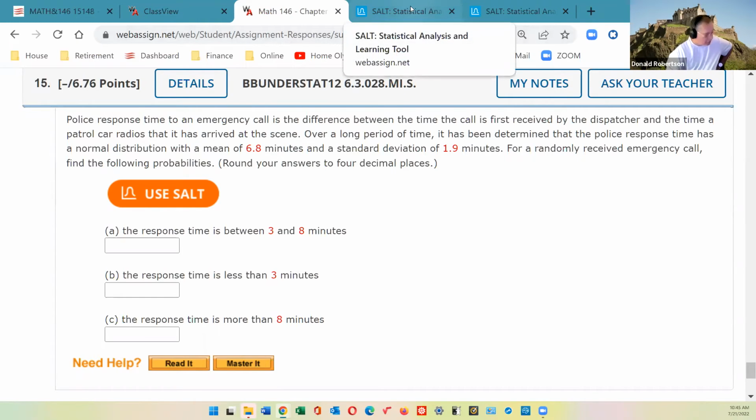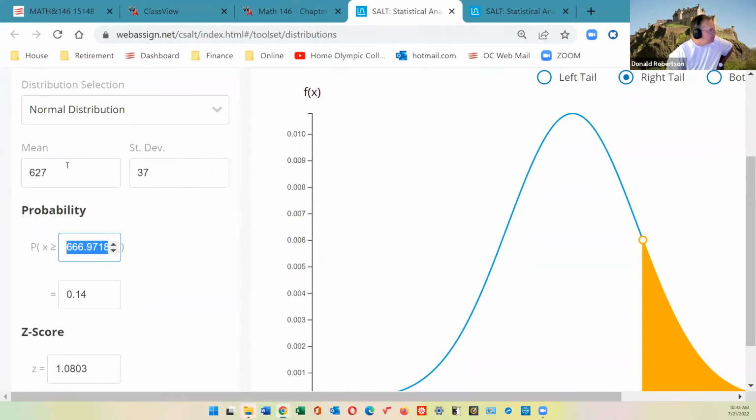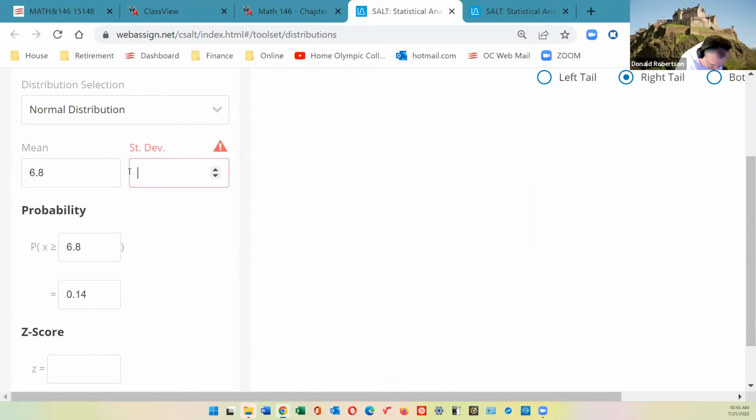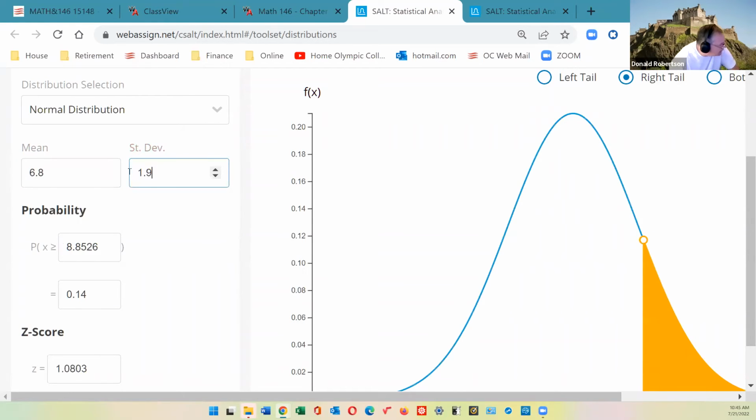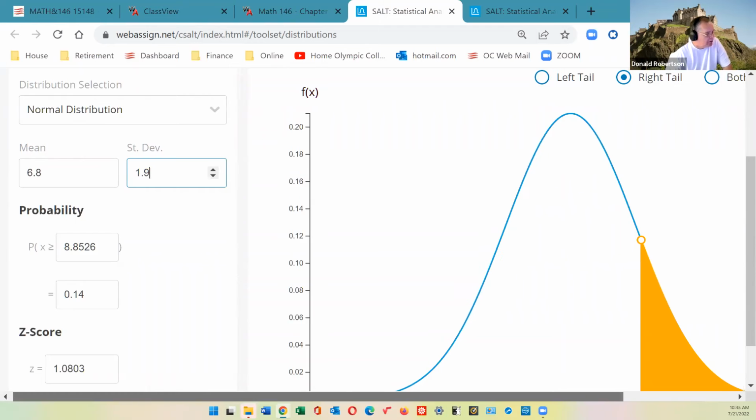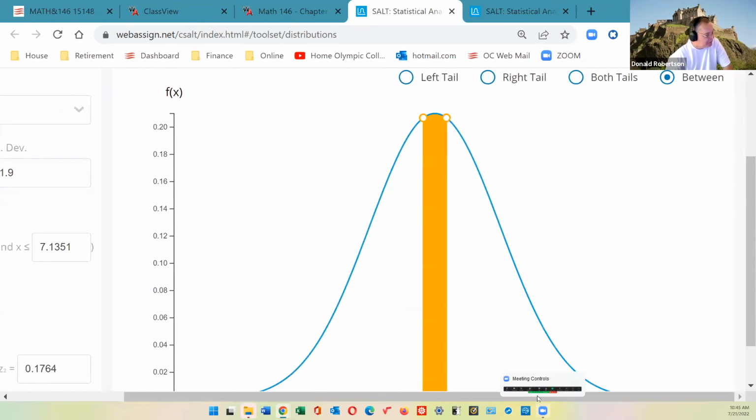I got the whole thing set up here. The average time is 6.8. The standard deviation is 1.9. And we want to know between. I haven't done one in a while. Between.